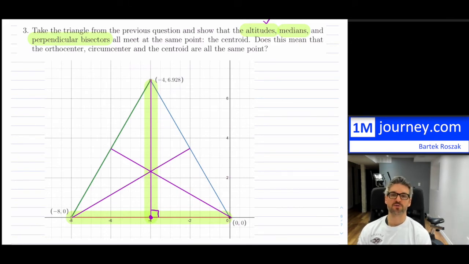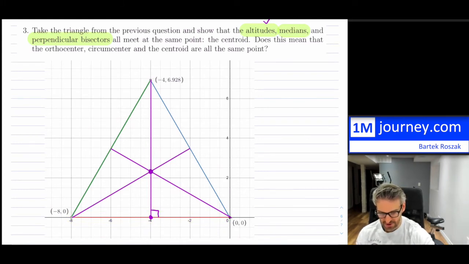And notice that there's only one point of intersection, and that indeed is the centroid of a triangle. And because it's an equilateral triangle, this question is actually not very difficult. It falls out from the properties of equilateral triangles, that all of these are meeting in exactly the same point, and that point is going to be known as your centroid.